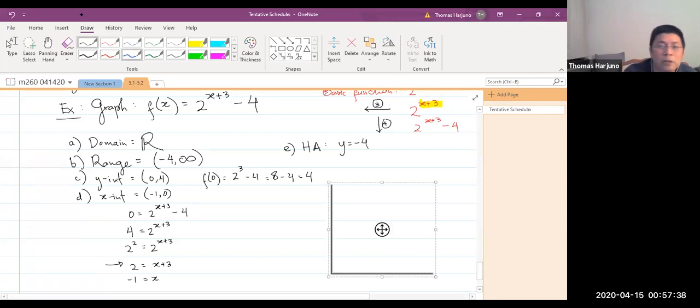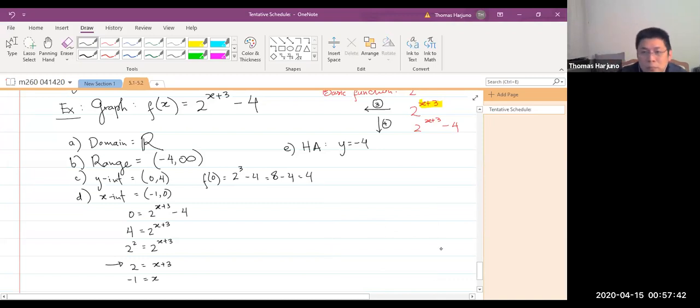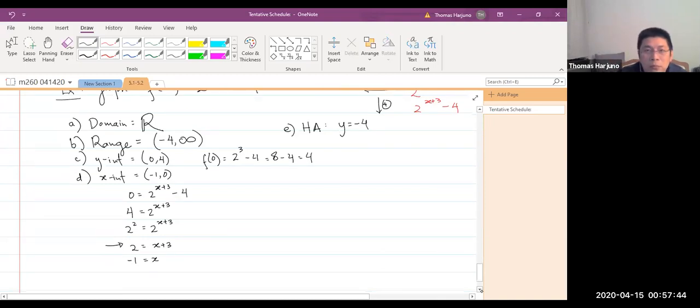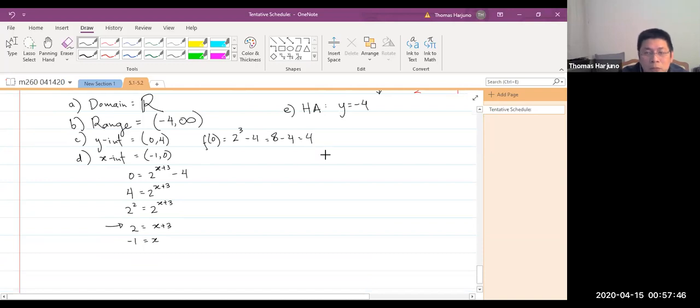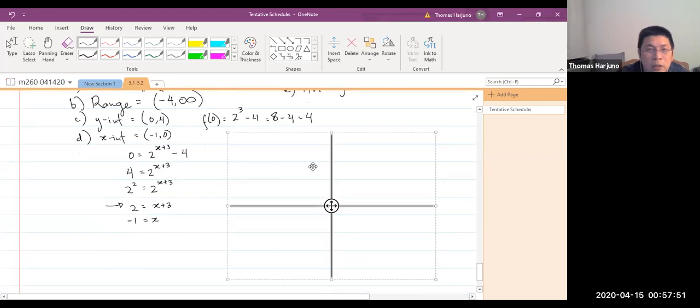Let's try to graph this. 0, 4, and then -1, 0 is here.